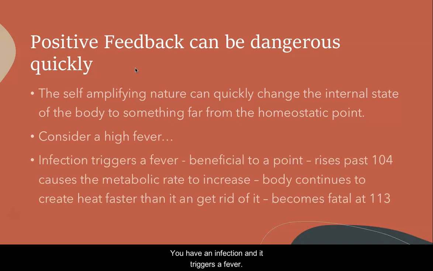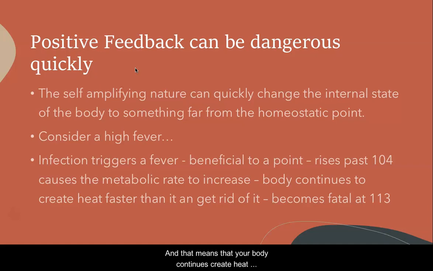You have an infection and it triggers a fever. Now, a fever is beneficial to a point. You raise your body's temperature, and it helps you fight off the infection. But when the temperature rises past 104, it starts to cause your metabolic rate to increase. Your heart starts to beat a little harder, and you start doing more metabolic work.